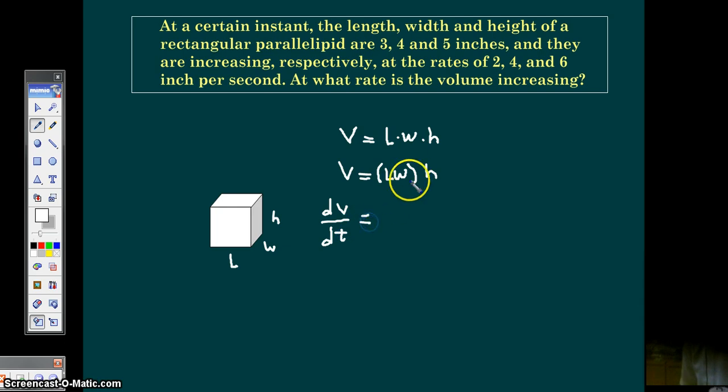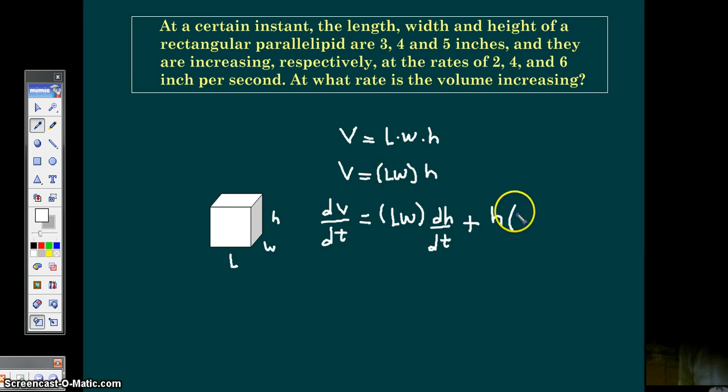Equal to, now we have a product on the right side, LW and H. So copy LW times the derivative of H implicitly with respect to time, which gives dH over dt, plus copy H and get the derivative of LW, which happens to be a product again. So you have to use the product rule again.